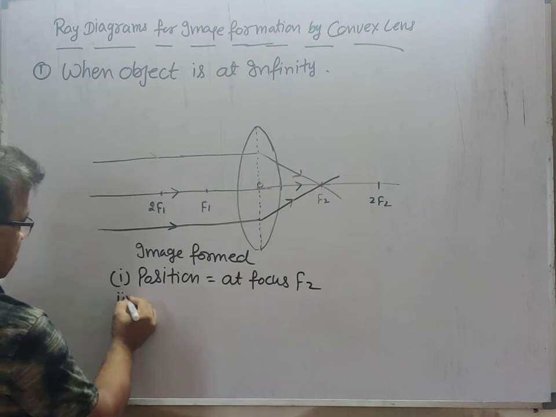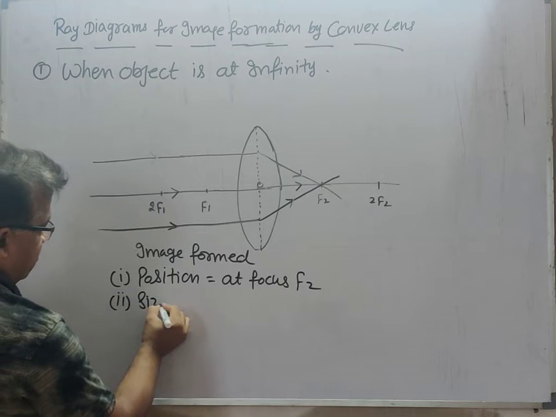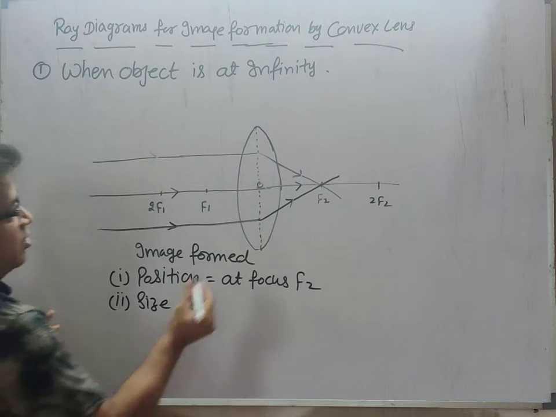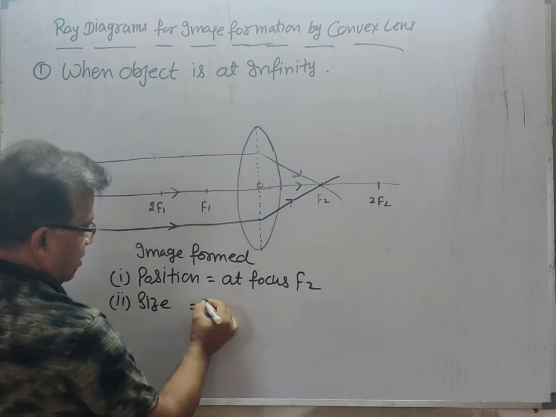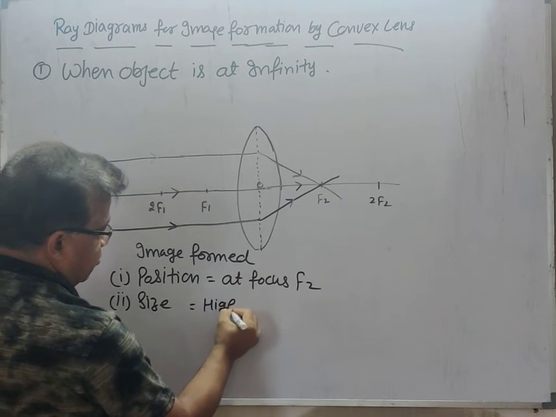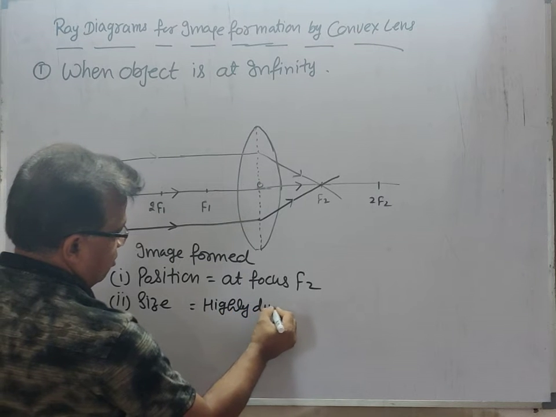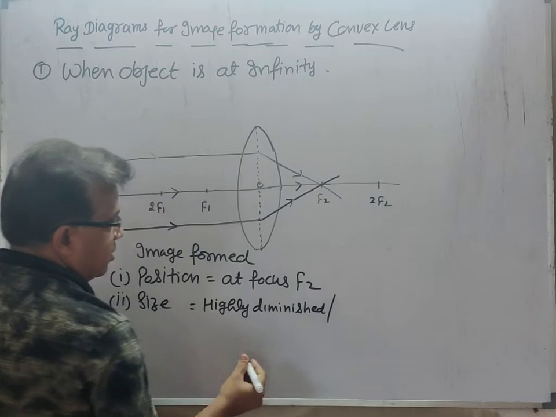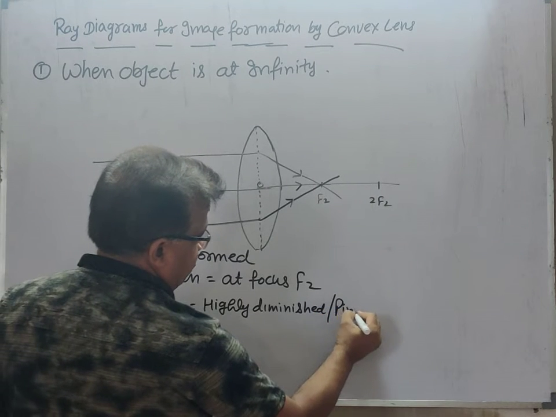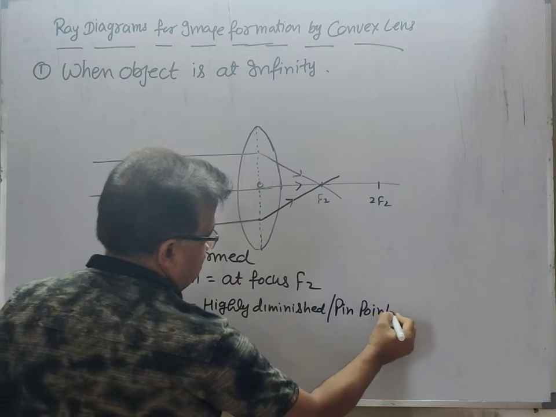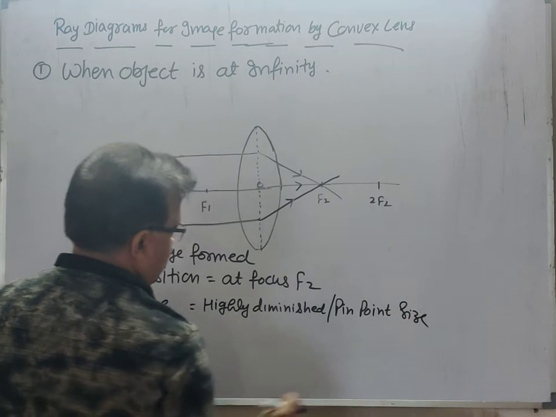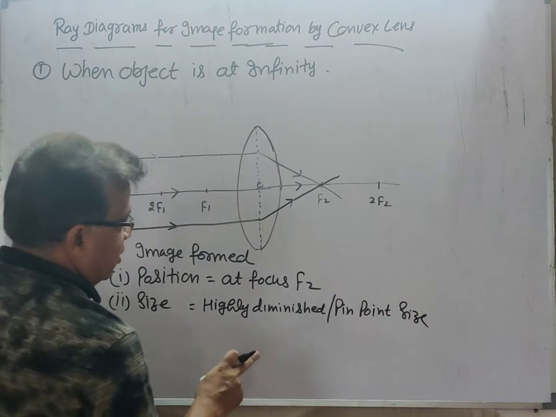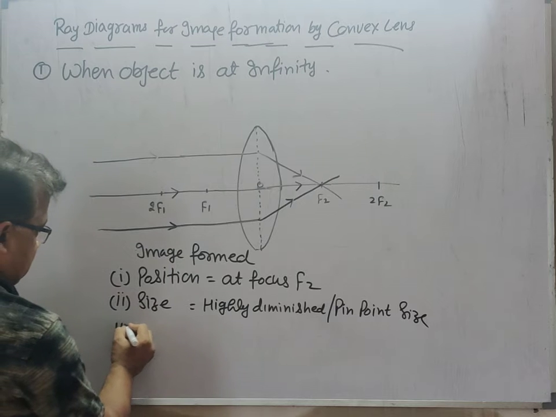Then what is the size of the image? The size of the image we are observing is highly diminished, or we also write pinpoint size, because it is very, very small.